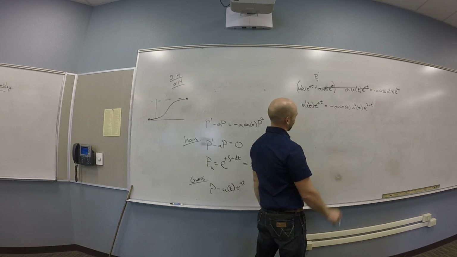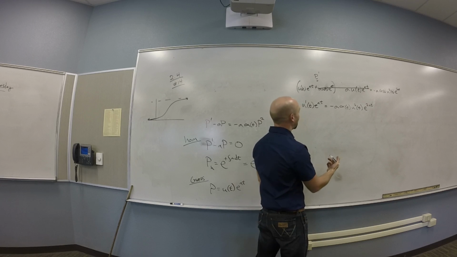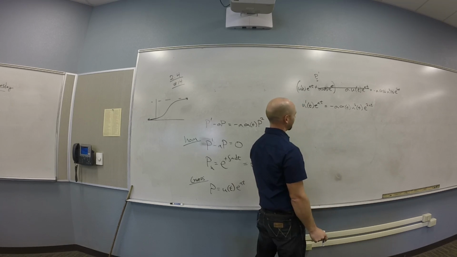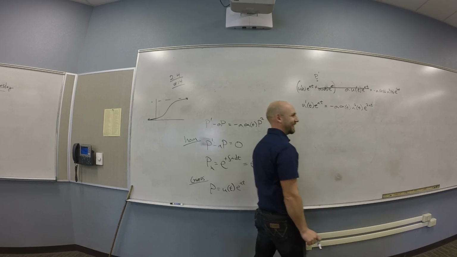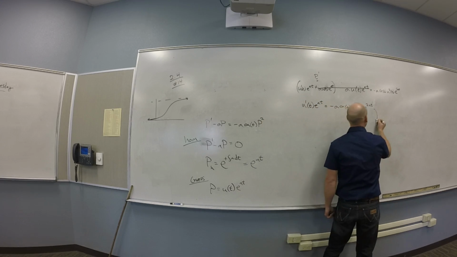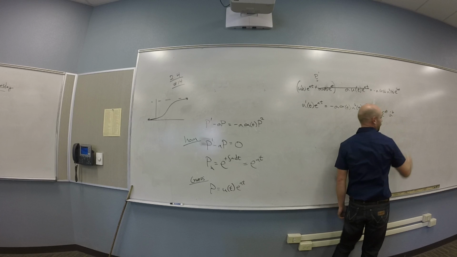All right, what do you do? I can't separate yet. I think maybe I want to multiply through by e to the minus at and u to the minus 2.